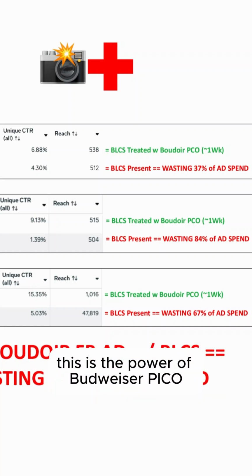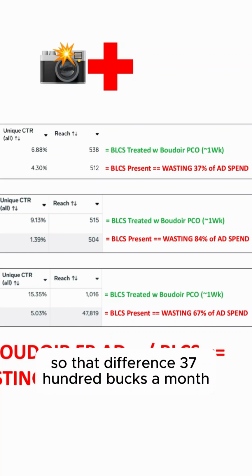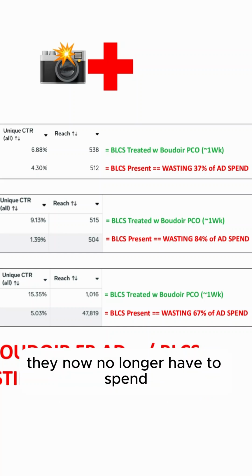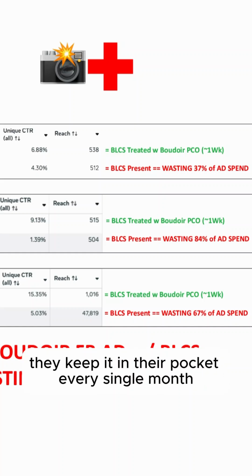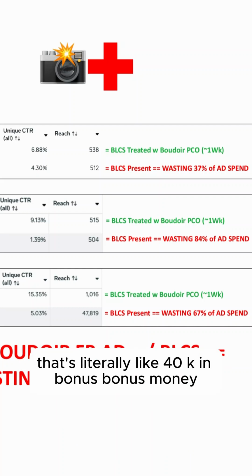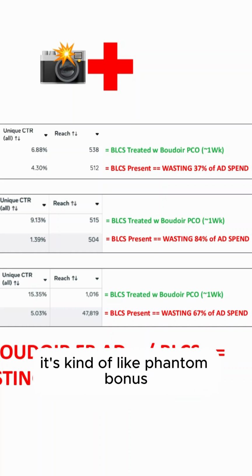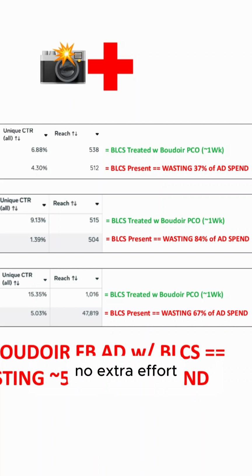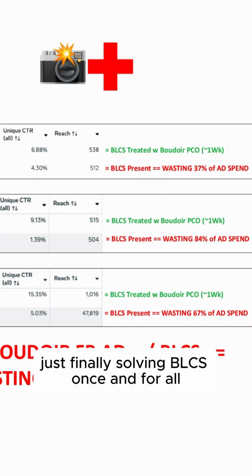This is the power of Boudoir Pico. So that difference, $3,700 a month, they now no longer have to spend. They can pocket it. They keep it in their pocket every single month, and over the next 12 months, that's literally like 40K in bonus money. It's kind of like a phantom bonus, a Boudoir Pico bonus, whatever. No extra effort, no servicing extra clients, just finally solving BLCS once and for all.